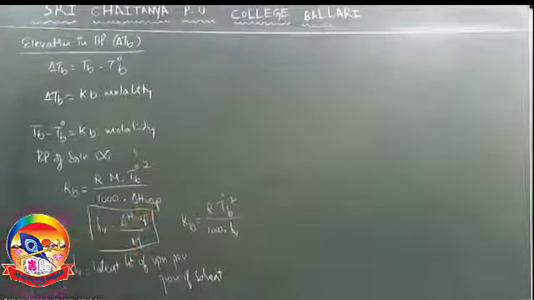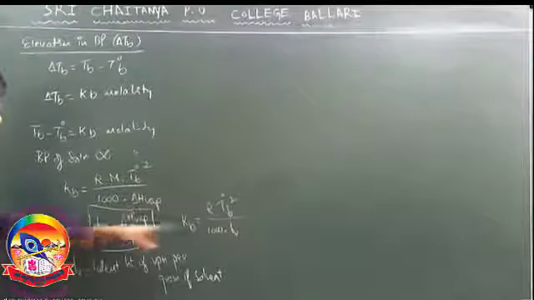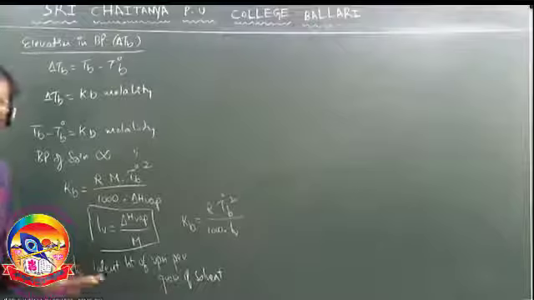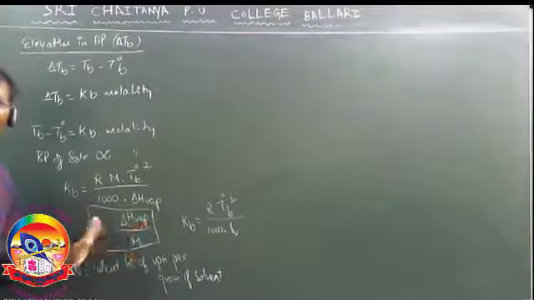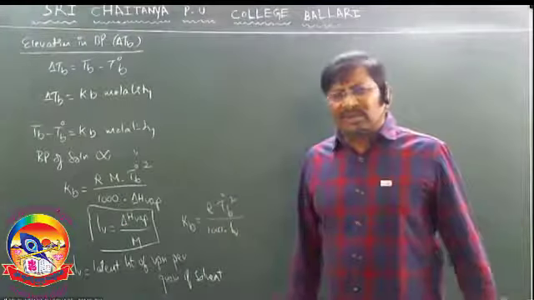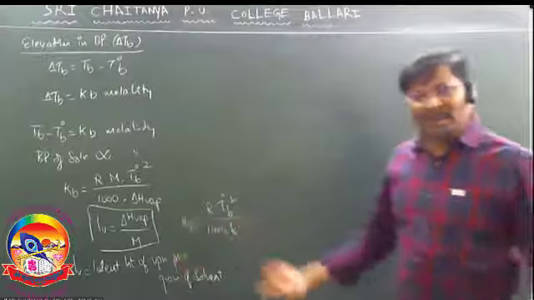Instead of those two, they may give it like that. So please remember, as per the situation, you use the formula. So this is about the elevation in boiling point, the formula.